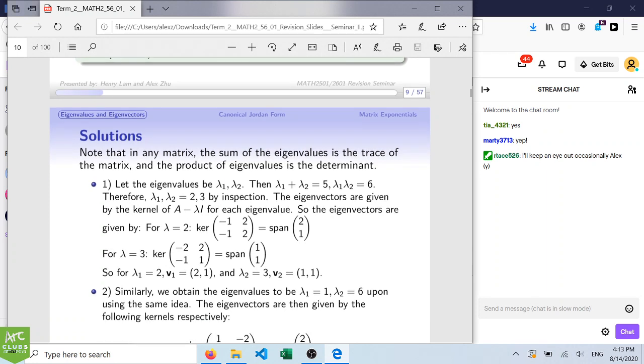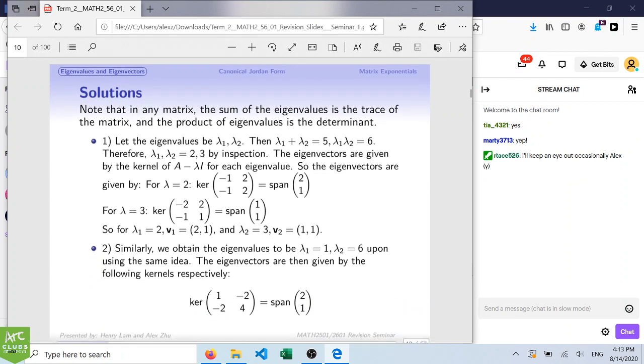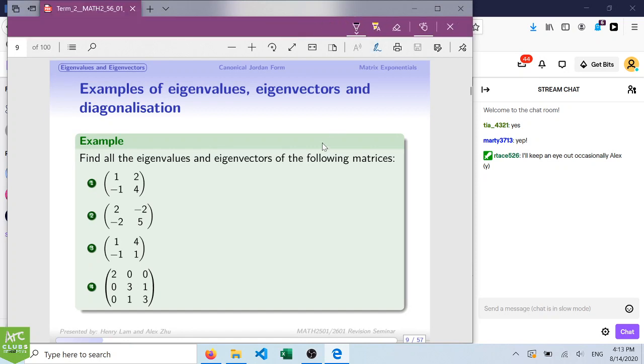This is one method, essentially bypassing the characteristic polynomial method. But if we were to use the characteristic polynomial, it would also be quite simple.